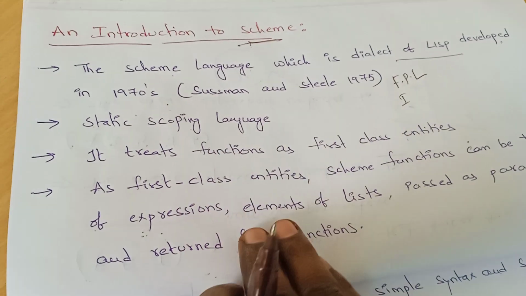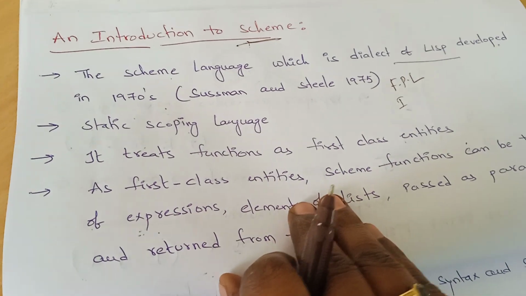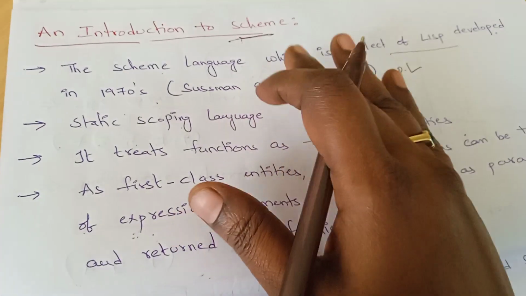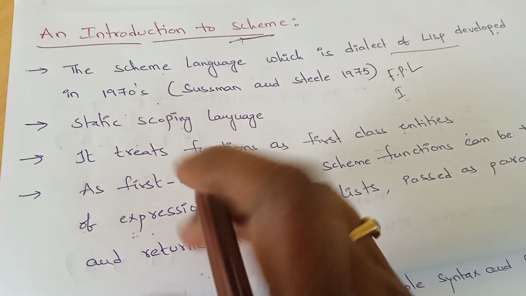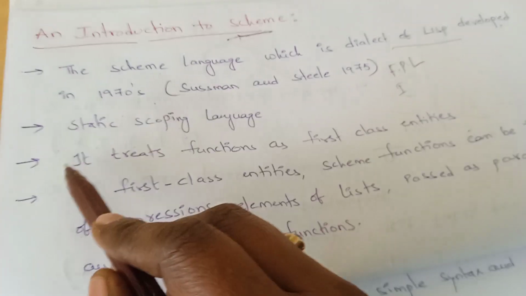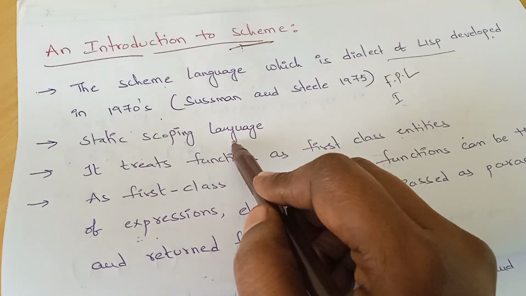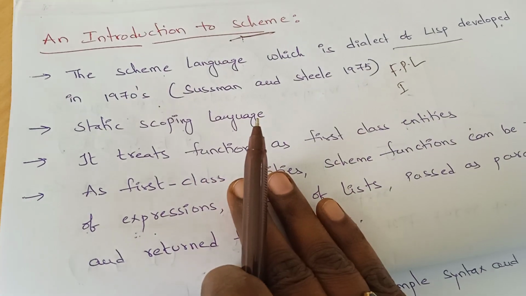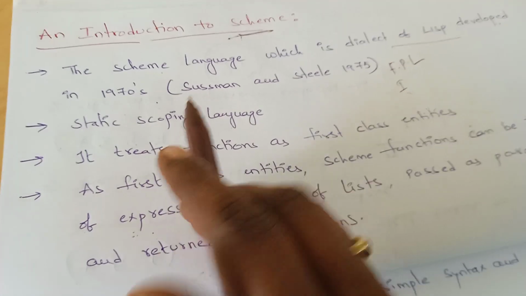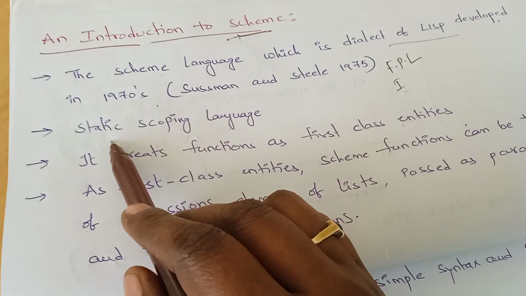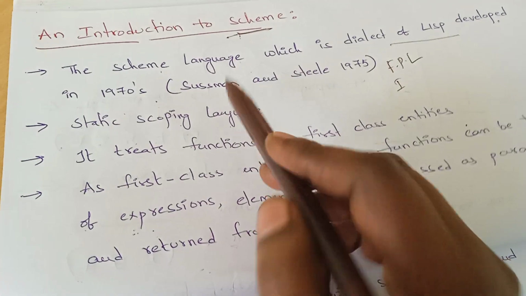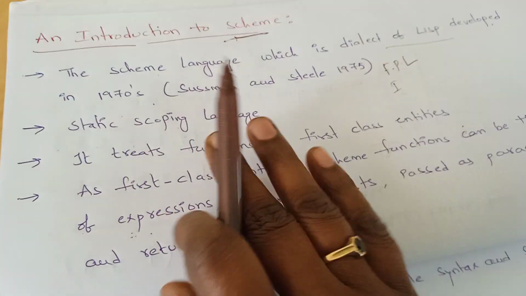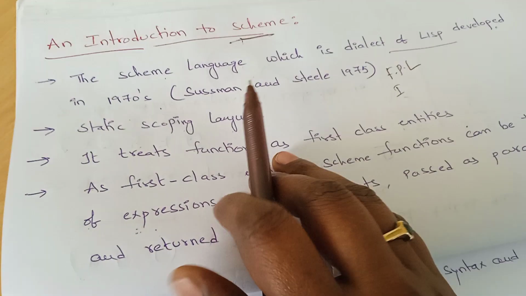Now here we go with the features of Scheme that are different from Lisp. Scheme is a static scoping language. We already came across in Unit 2 what scope, static scope and dynamic scope are. So if you have any confusion, you can watch that video.